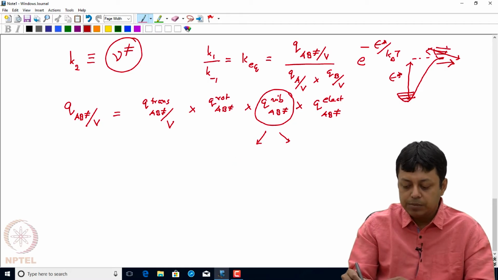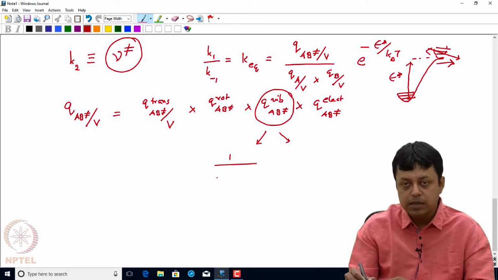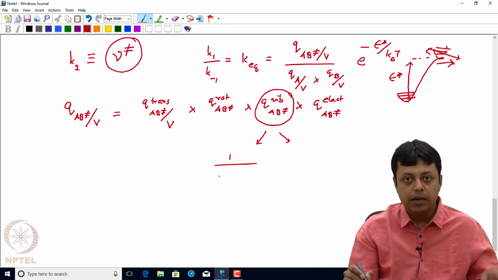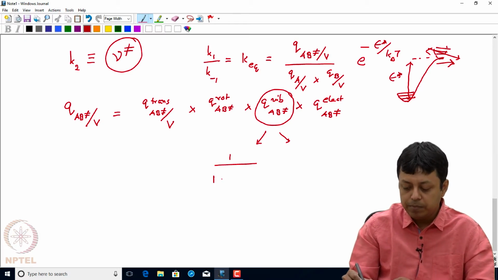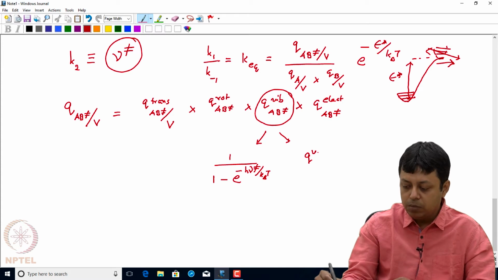Now what is the expression for vibrational partition function? It is 1 by 1 minus e to the power minus h nu by kBT, here it will be h nu dagger for that particular partition function, and the rest of the thing I am just writing as Q vibration of AB dagger, and I am using a prime notation.